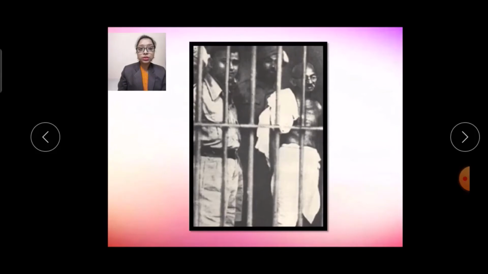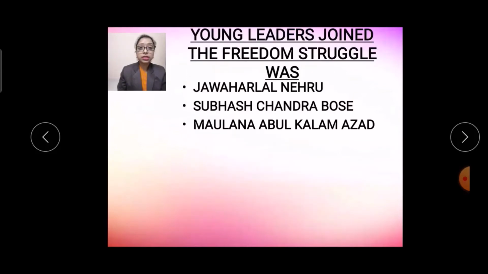During the non-cooperation movement, many young leaders joined the freedom struggle, and among them were Jawaharlal Nehru, Subhash Chandra Bose, and Maulana Abdul Kalam Azad. Now let's see the pictures of these young leaders.